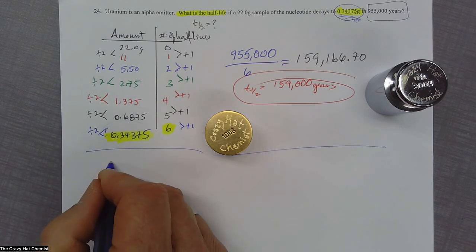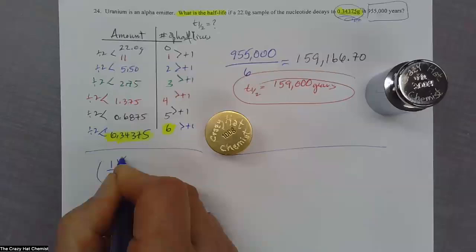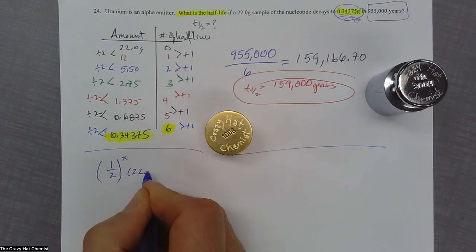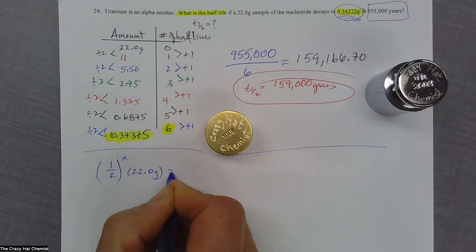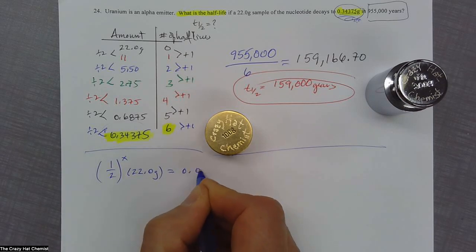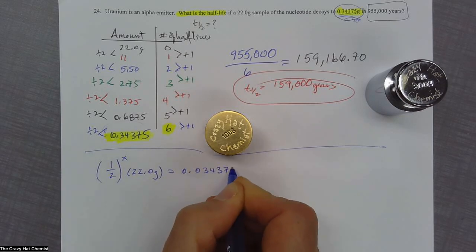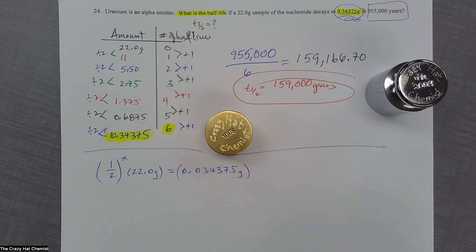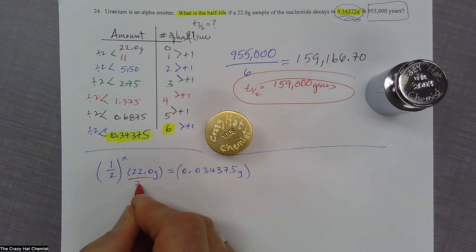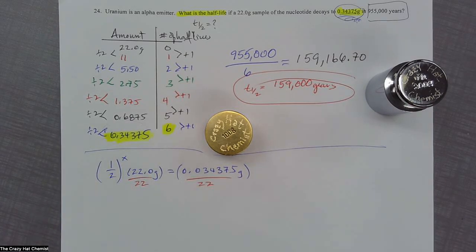So the alternate method would be 1/2 to the power of x. The original amount is 22.0 grams, and the amount remaining would be 0.034375 grams. And I need to solve for x. So if you remember from before, first thing we're going to do is divide by the 22. That will give us 1/2 to the x is equal to 0.015625.